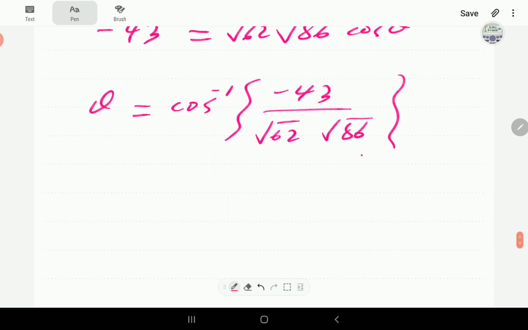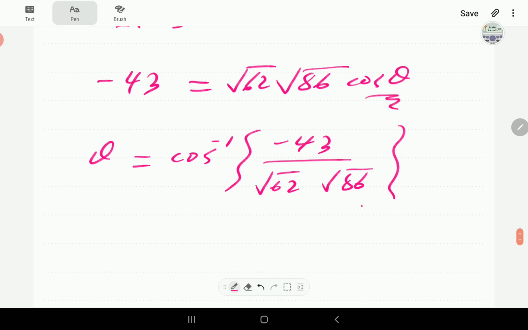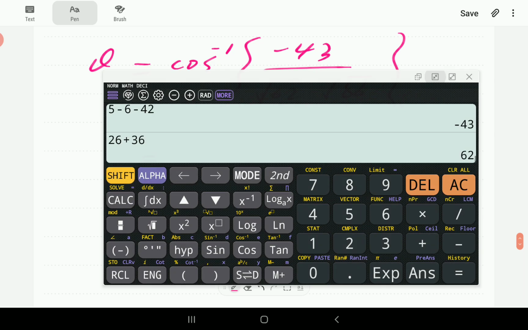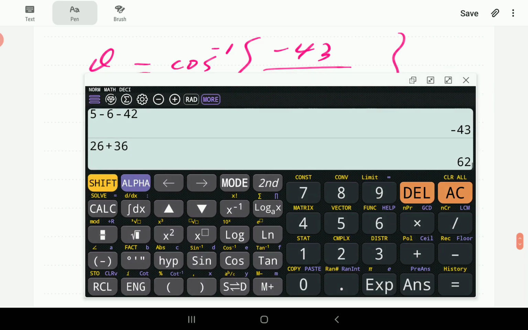Now, since the cosine of this is negative, it tells us that the angle between these two is not going to be acute. It's going to be obtuse. So let's see what that works out to. So inverse cosine, first make sure we are in degrees.